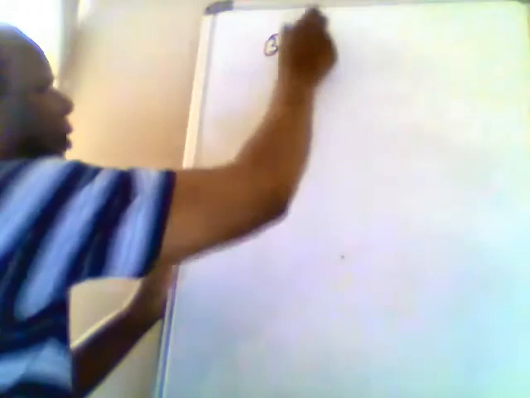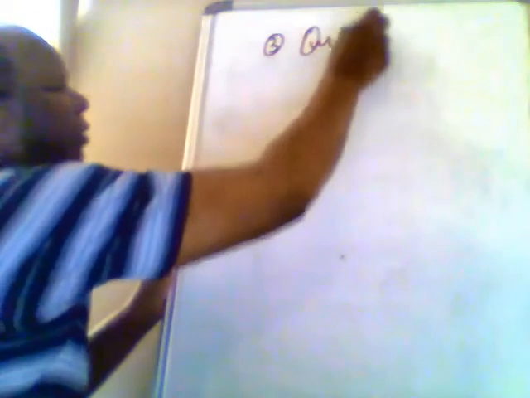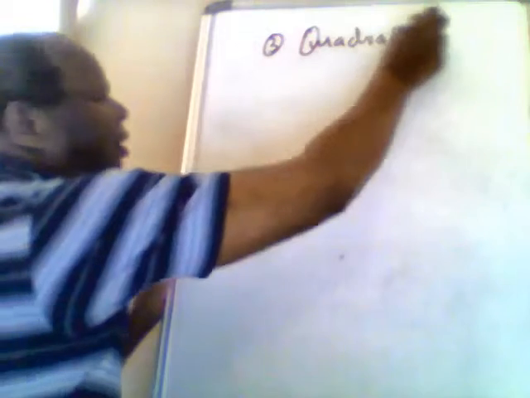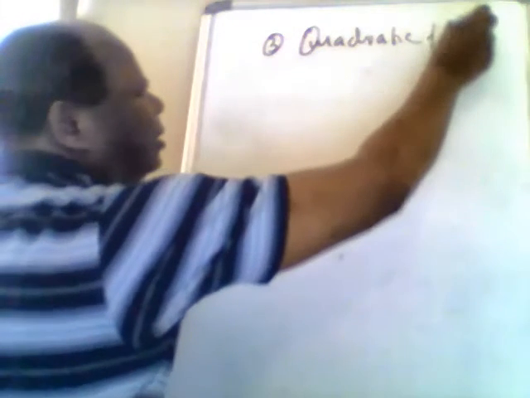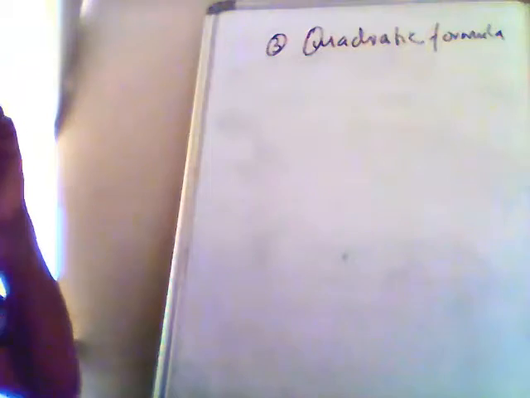Let's come to the third method of solving quadratic equations. And the third method is the quadratic formula. So, use of the quadratic formula. All you need to do is try to memorize this formula.